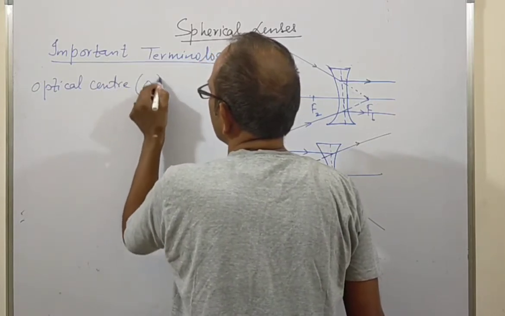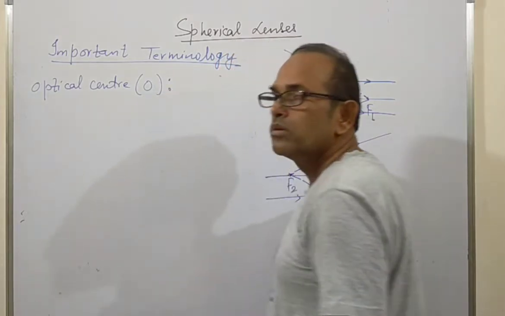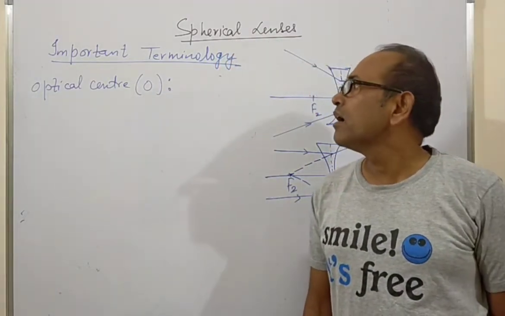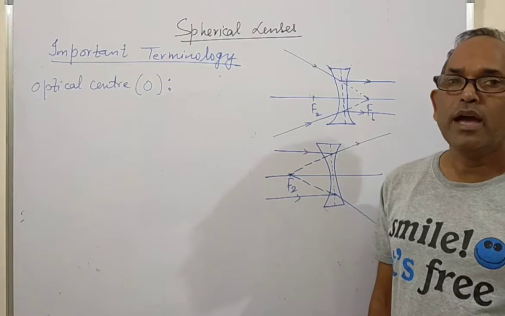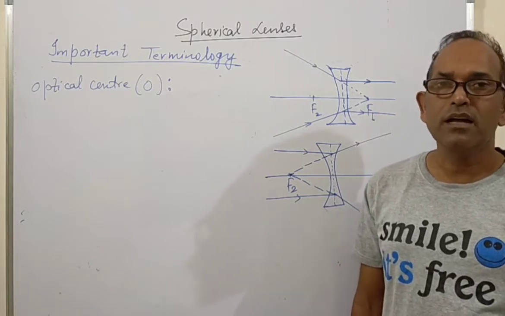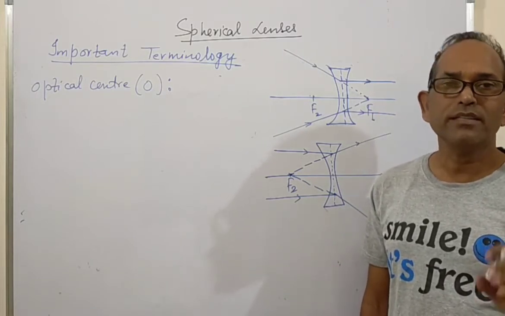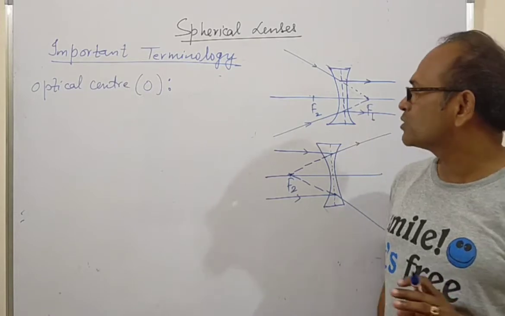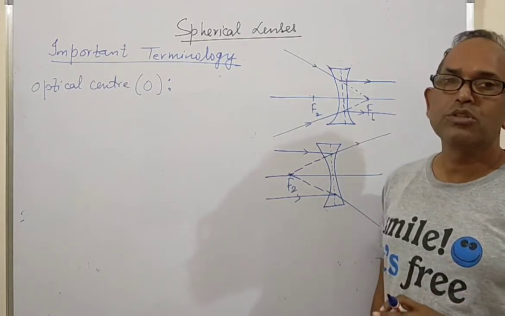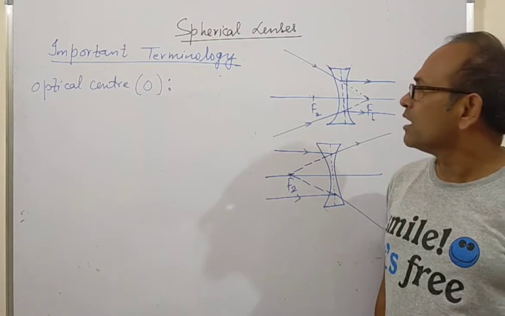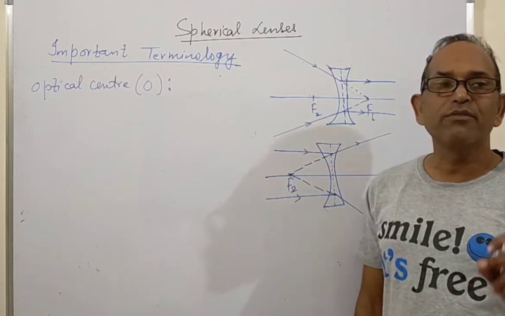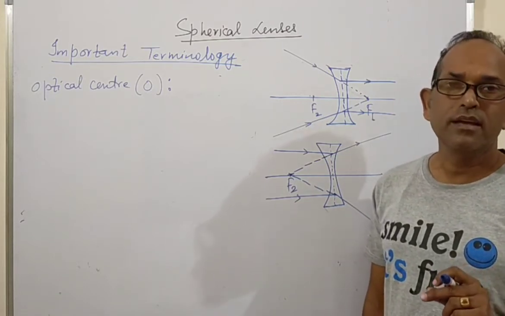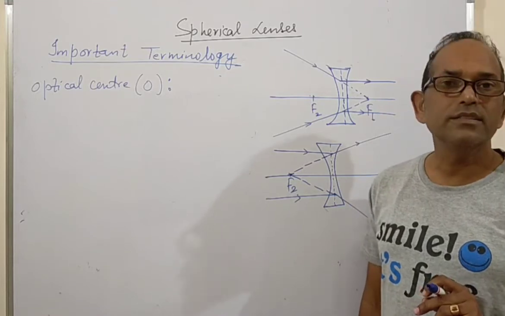Optical center, we denote it by O. Just like in mirrors, we had pole as the center of the reflecting surface, similarly, student, in lenses, the center of the refracting surface of the lens is called optical center.